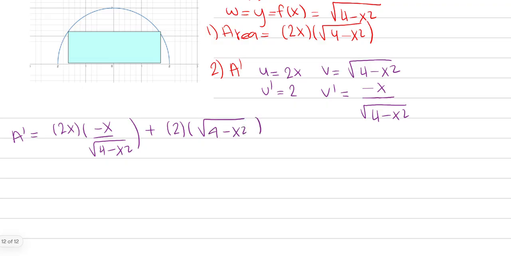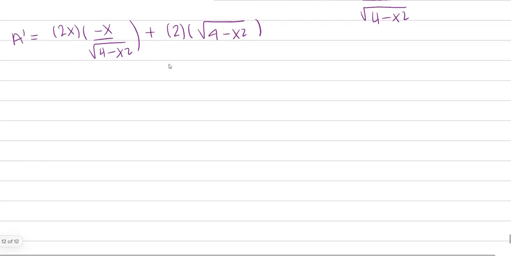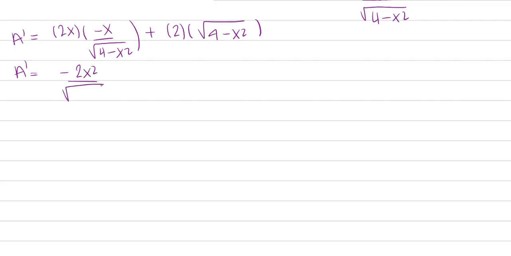Now I'm going to be solving step by step so you can know what I'm doing. Okay? Now I'm going to take this 2x and multiply it by negative x. So A prime is going to be negative 2x squared over radical 4 minus x squared plus 2 radical 4 minus x squared.